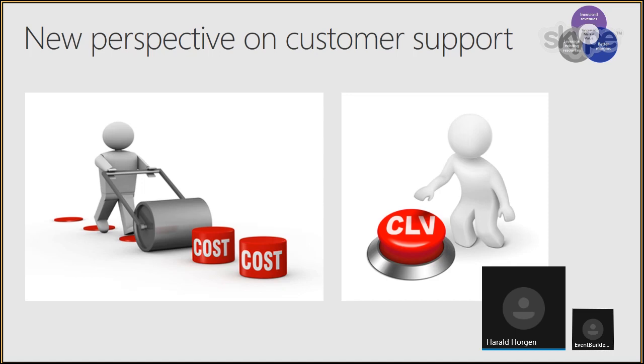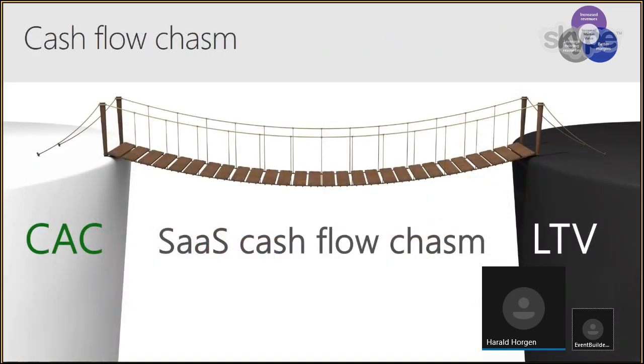But in a cloud environment, a subscription model, the CLV, customer lifetime value, is really tied to the support that they get. And what we see with almost all of the major SaaS companies is that they're running their support function at zero profitability. So if they're getting the equivalent of 20% for support, they're spending 20% on support because the support function has become such an important part of the ongoing sales cycle.